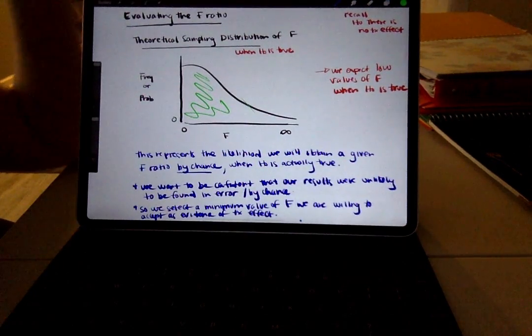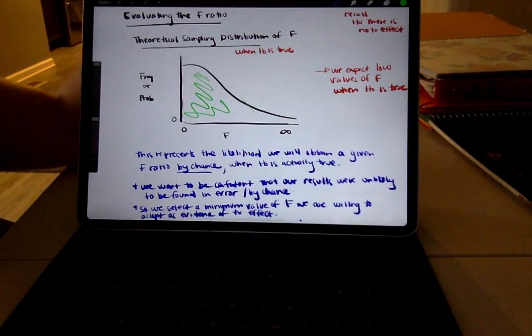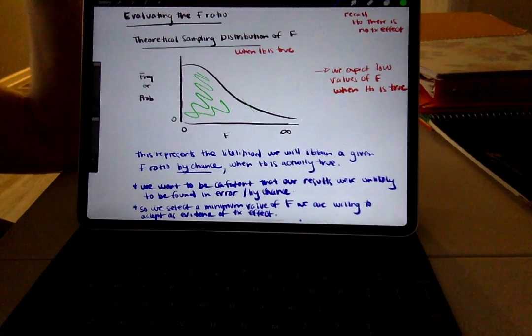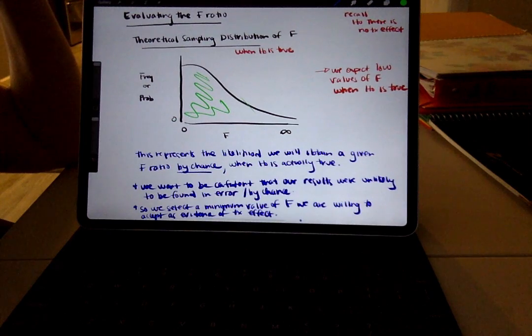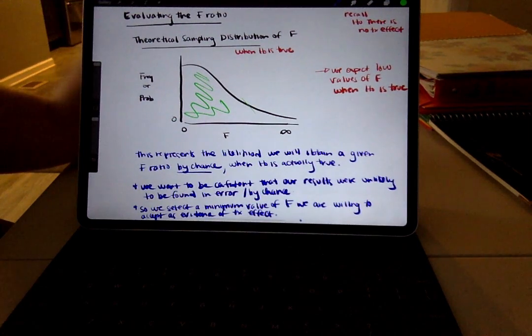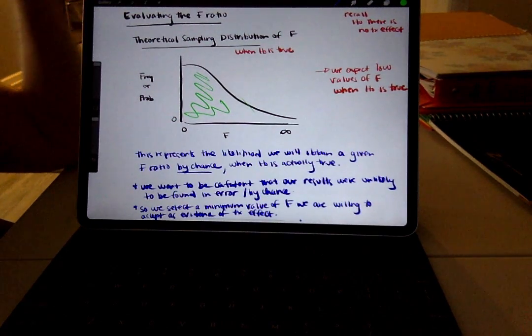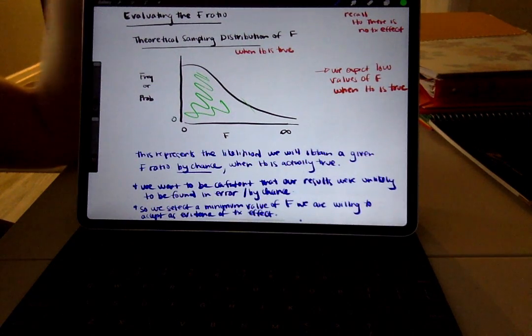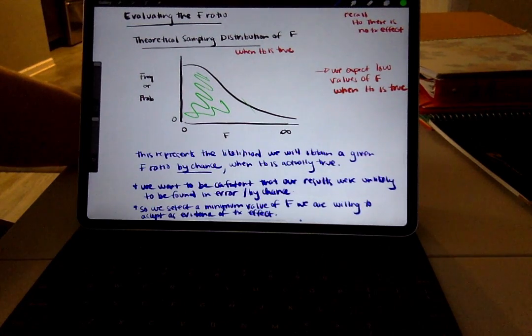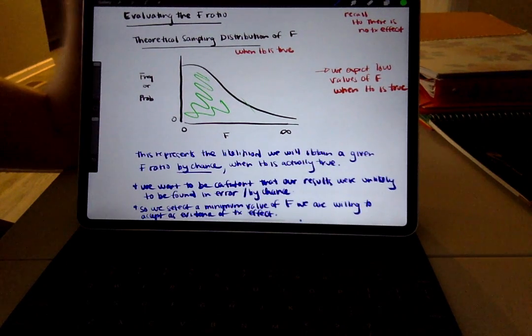When the null hypothesis is true, it means there's no treatment effect, there's nothing going on, and we expect low values of F. So if we think about this another way, when we obtain high values of F in our study, that's probably a good sign that the null hypothesis is not true, or that the null hypothesis is false.